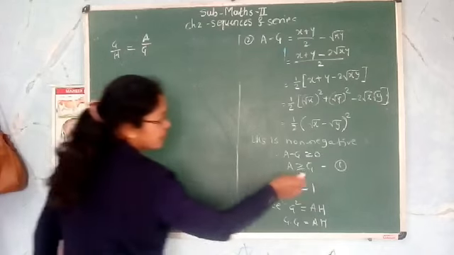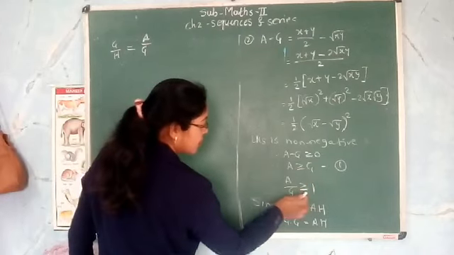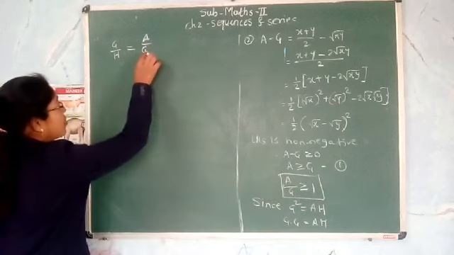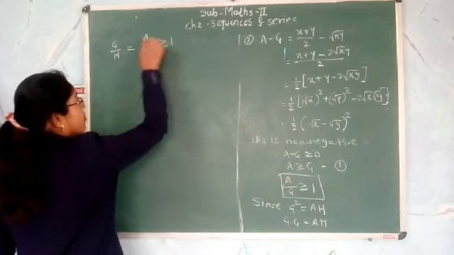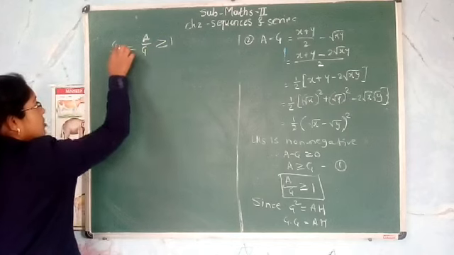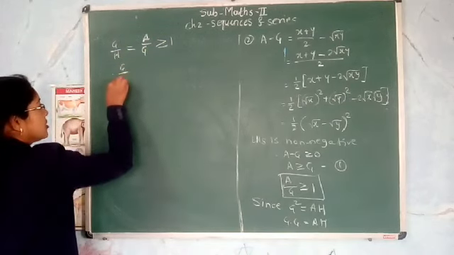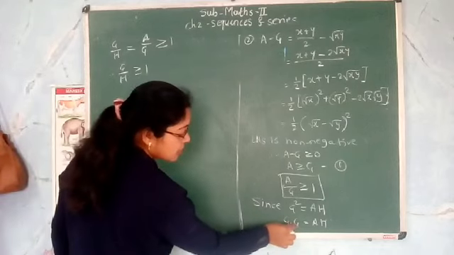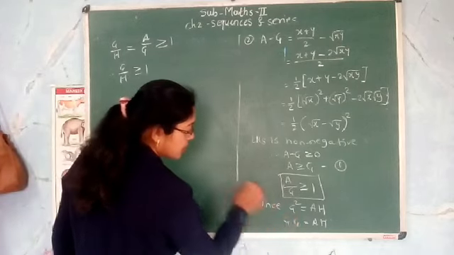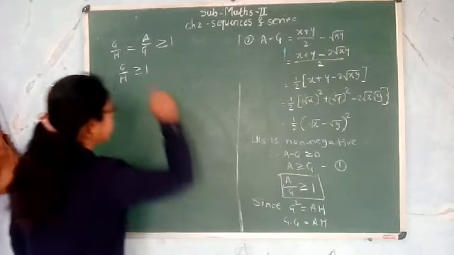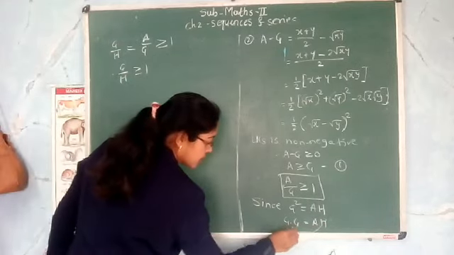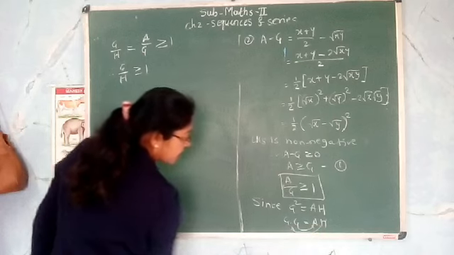Okay, and now from this condition, a upon g is greater than or equal to 1. So g upon h is also greater than or equal to 1. Clear? G square is equal to g into g, g into g लिहिला, h इकडे डिवाइड केला, g ला डिवाइड केला.